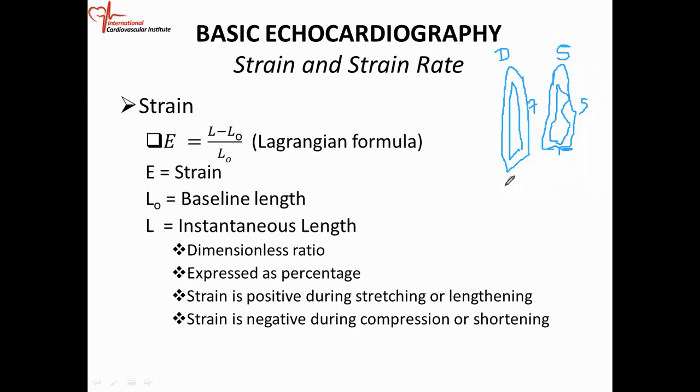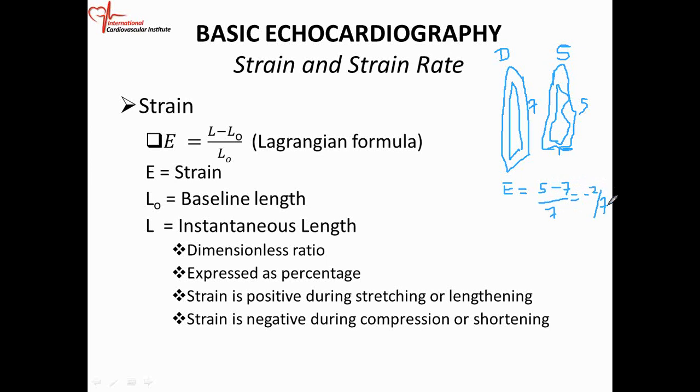So if you plug these numbers in your equation, strain is equal to 5 minus 7 over 7, so that's equal to minus 2 over 7. A number of things that you need to observe.